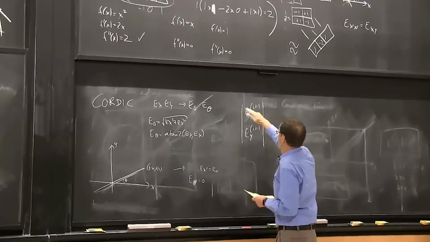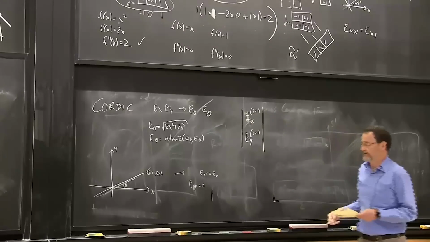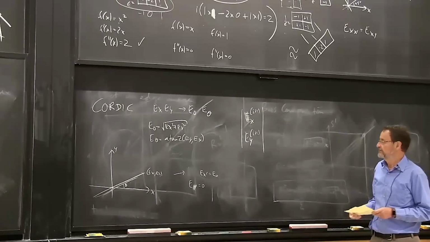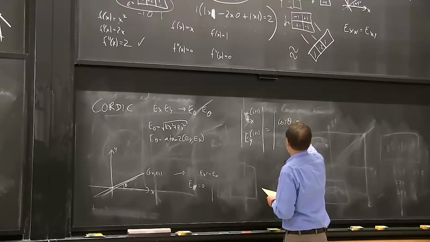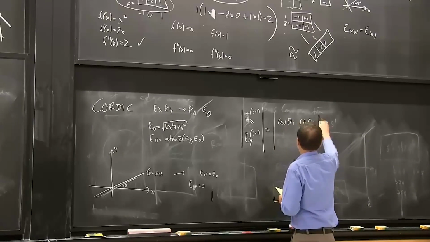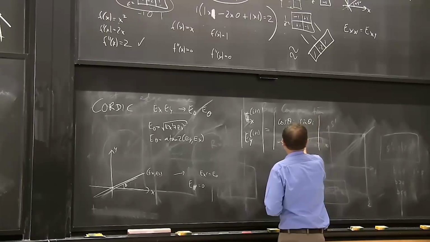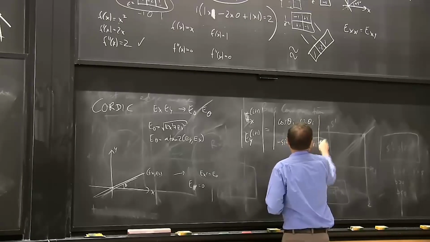So the superscripts in parentheses again refer to the iteration number rather than being powers. And of course, we know in 2D a rotation matrix is just very simple.